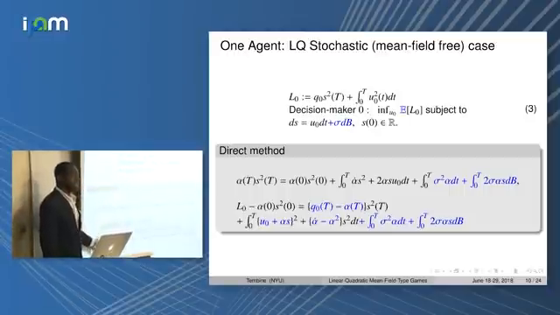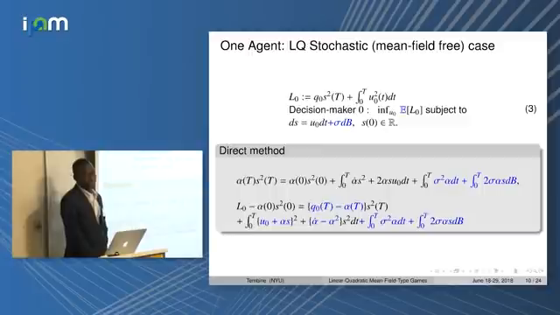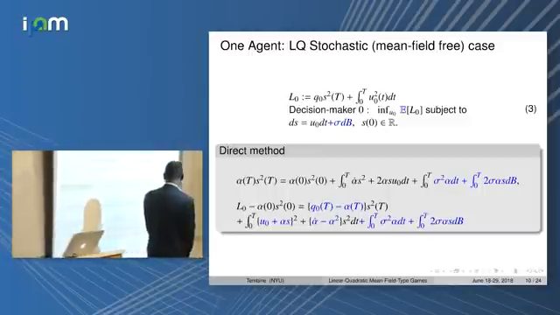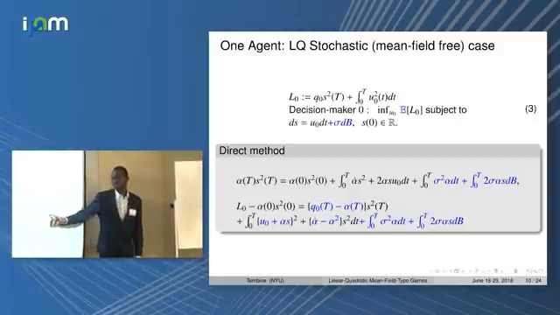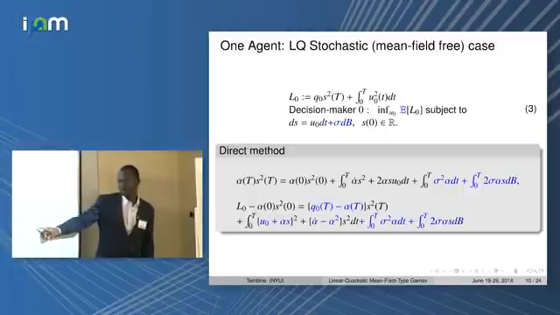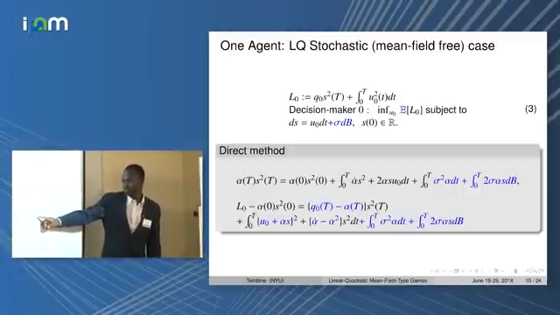Again, same technique as before, but now a bit of Ito calculus. I couldn't avoid it at some point. You will have this extra term, sigma square divided by 2, second derivative.